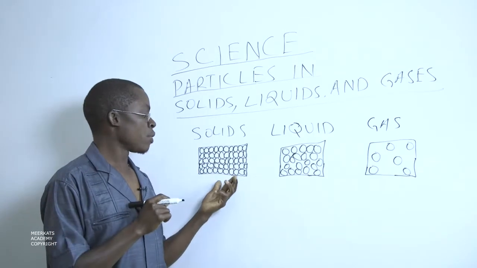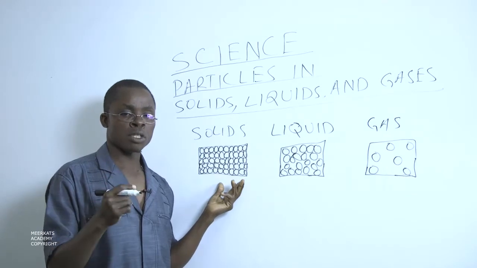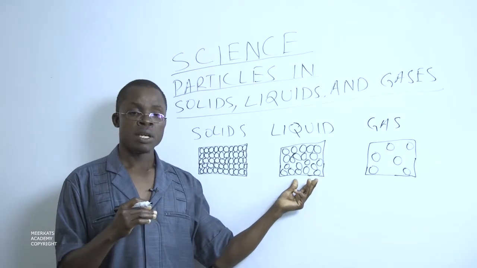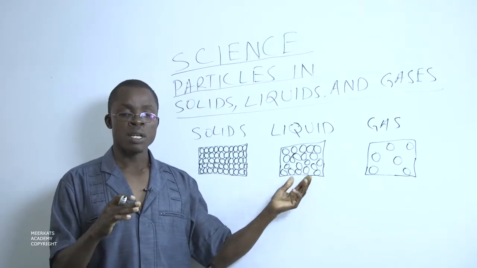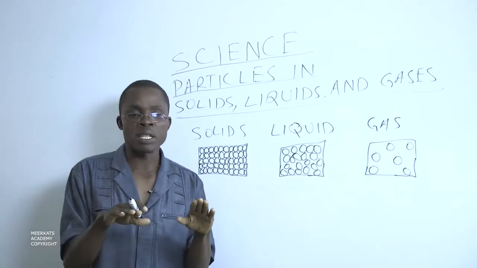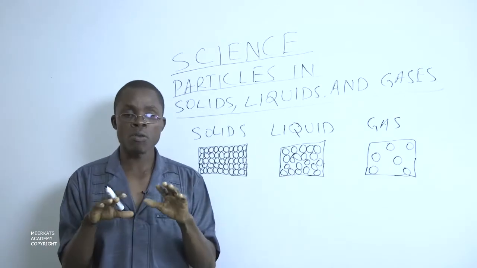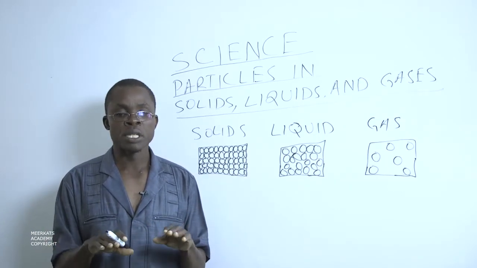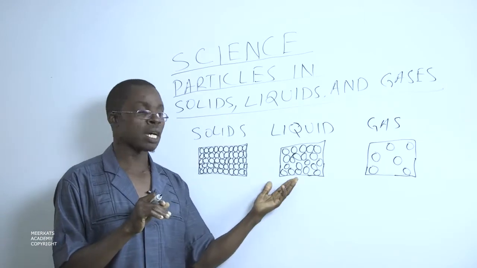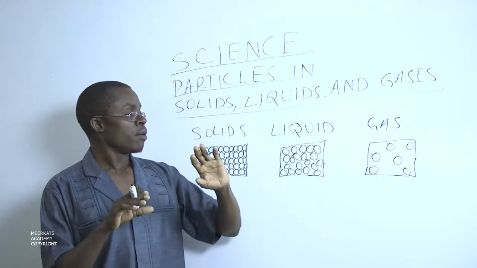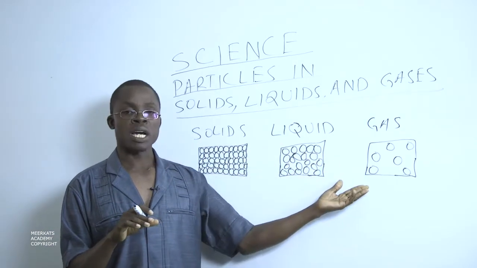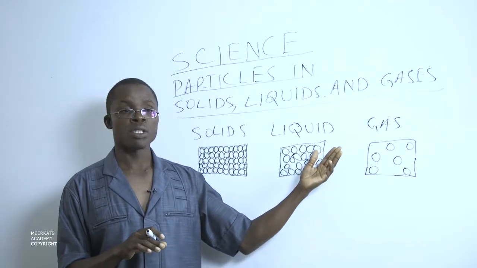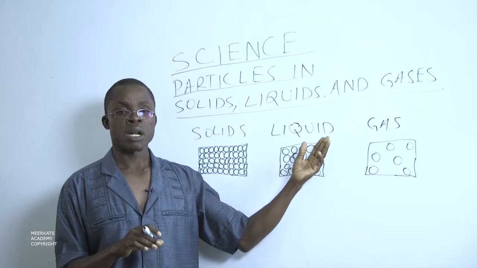However, we said for the solids, they are not really in mobile motion, but they vibrate in a fixed position. For liquids, they are mobile, and that's why the liquid particles will roll over each other to make sure they occupy all the space, which follows the shape of the container. The gases, being far apart from each other and very free to move, will always occupy the whole space into which they are being held.